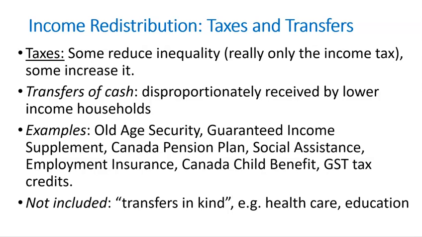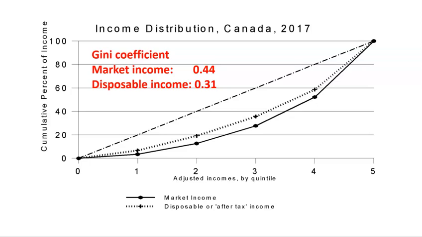Well, let's just look at the Gini coefficient in Canada and the Lorenz curve once we adjust for the effect of taxes and transfers. So this solid line shows us the distribution of market income that we saw before, and that led to a Gini coefficient of 0.44.